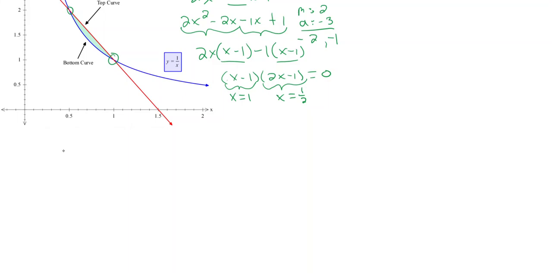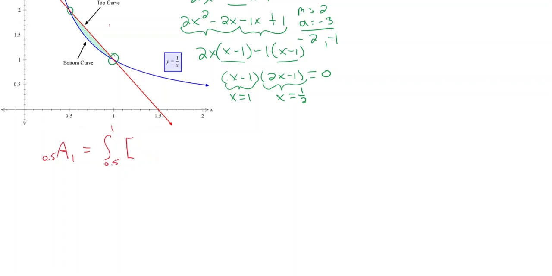So we will say the area from 0.5, or 1/2, to 1 is equal to the integral from 0.5 to 1 of, and just remember it's got to be the top function minus the bottom function.